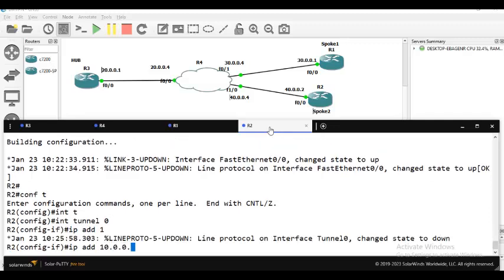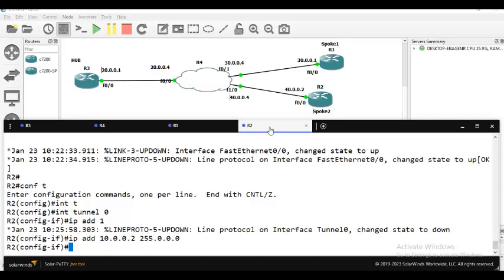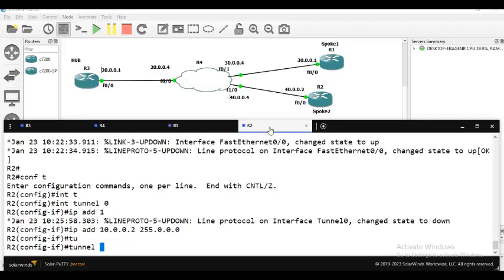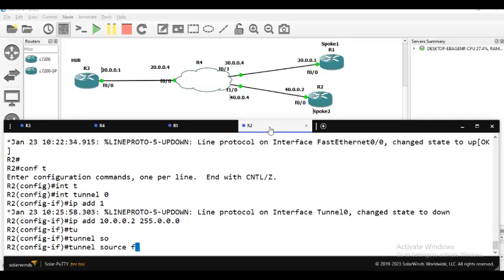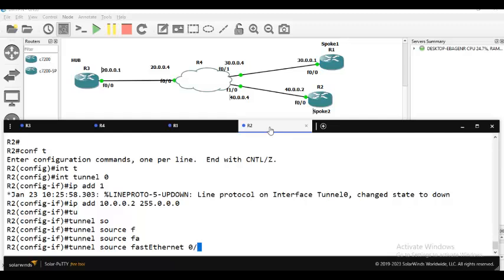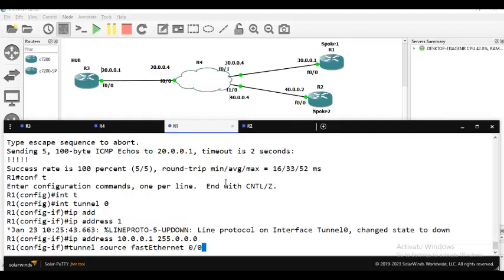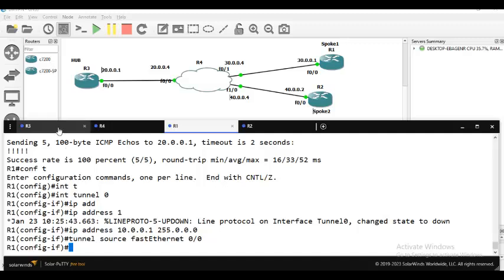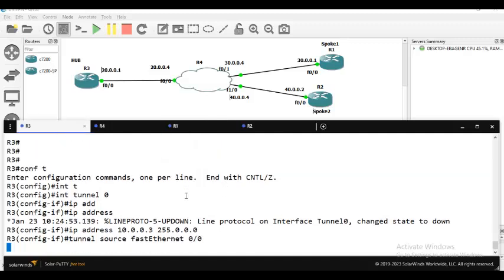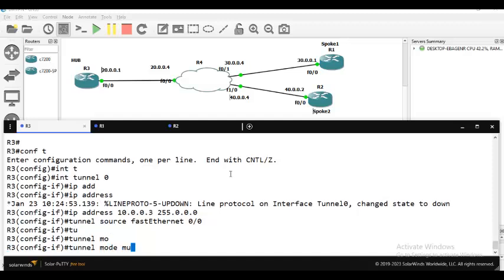And then the tunnel source. Tunnel source is my exit interface. And it's the same with all other routers. So I'll paste. I'm removing R4 from here, which is not needed anymore. Next, tunnel mode is GRE multi-point. You see, you don't have a DMVPN command.